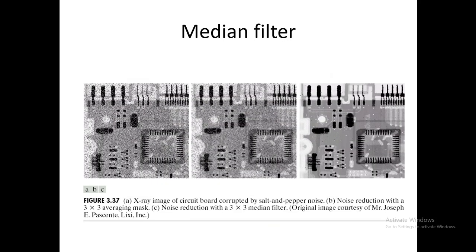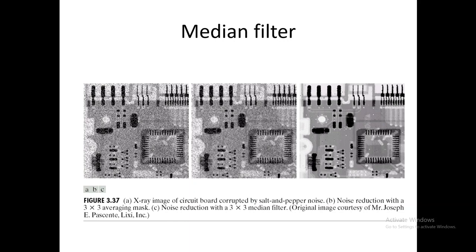If you compare the result of the median filter with the mean filter, we can see that the quality of the image is completely different. Here we see an X-ray image of a circuit board corrupted by salt and pepper noise.